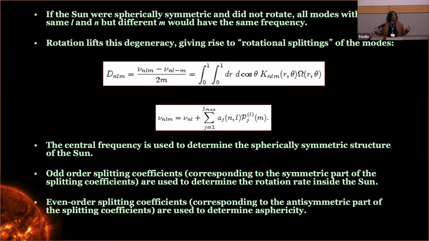Now, the nice thing about this decomposition is, okay, the central frequency depends only on structure, and that is what I'm going to talk about in the rest of the talk. Odd order coefficients tell you about rotation. Even order coefficients depend on the second order effects of rotation and any other symmetry breaking thing like magnetic fields. So it's a nicely separated problem.